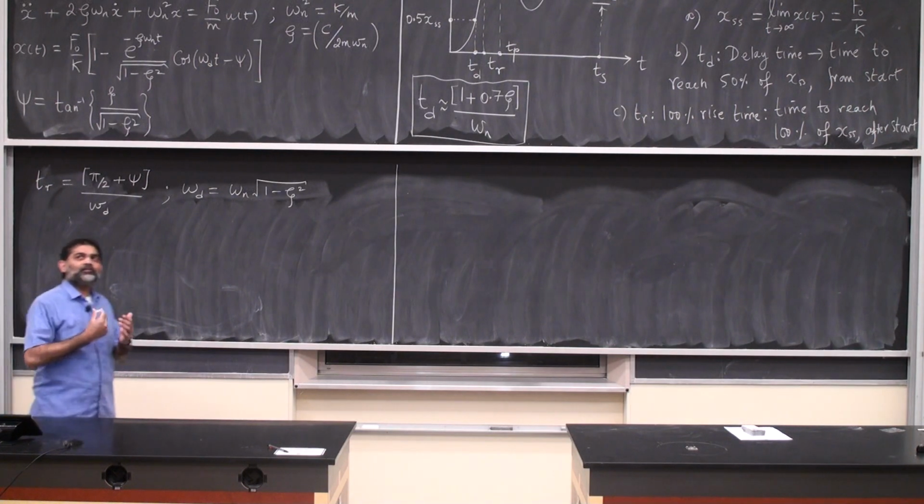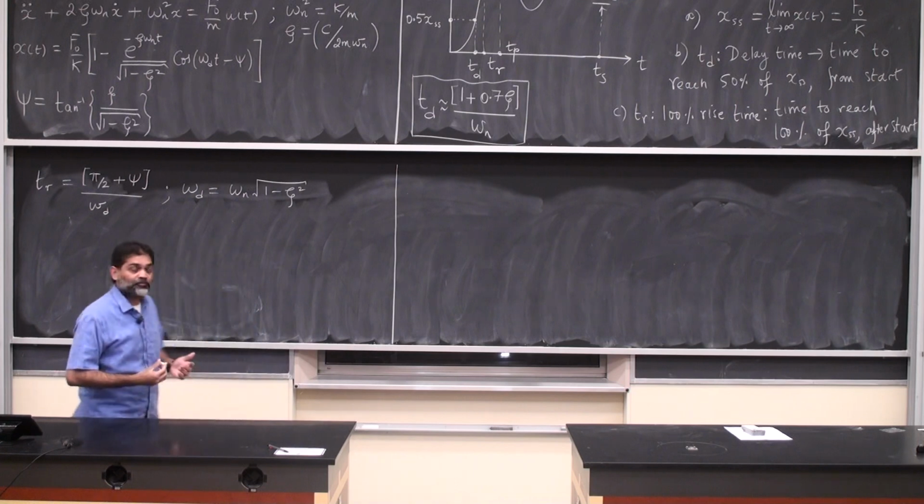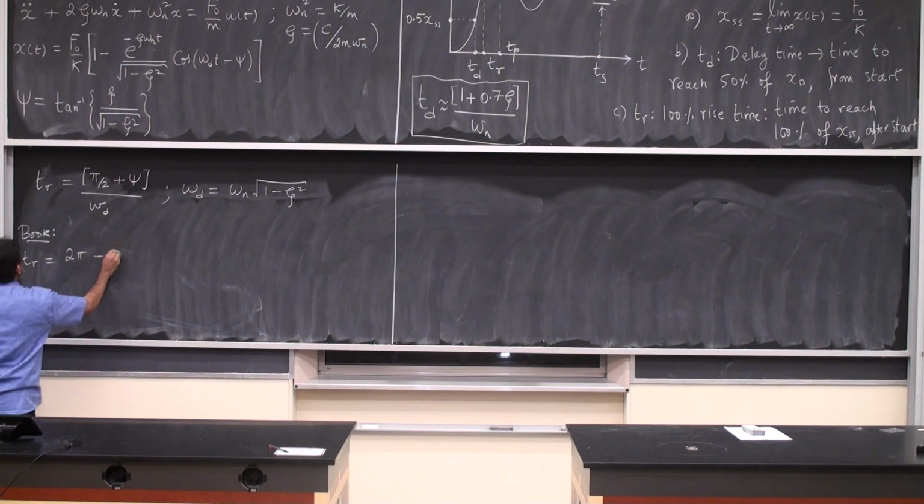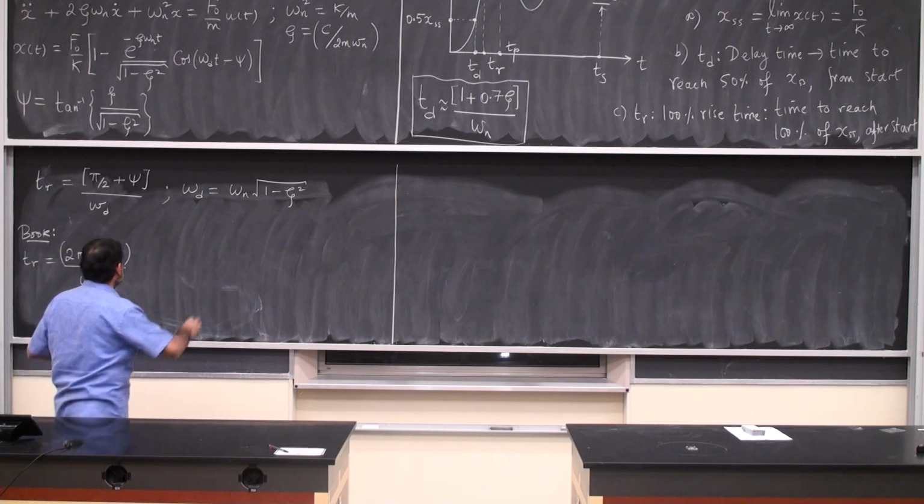If you look at your book, the expression will be slightly different. T rise is (2 pi minus phi) by the same denominator omega d. They're all the same because phi and psi are related.